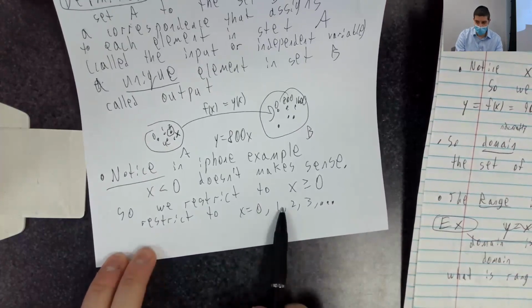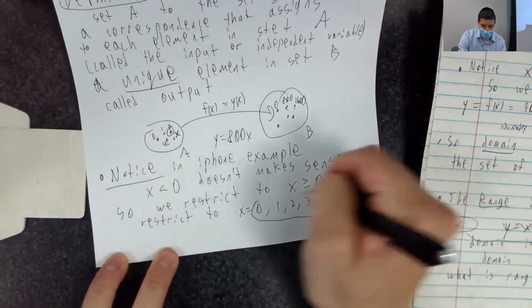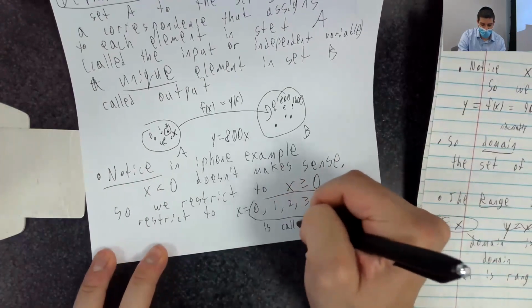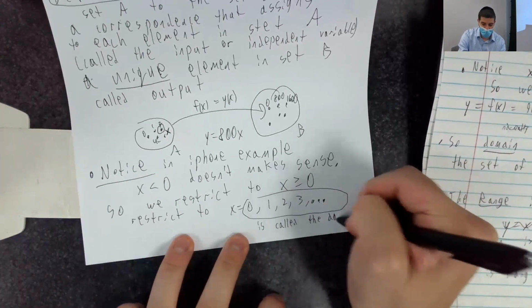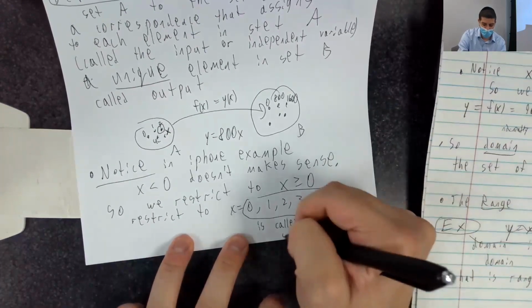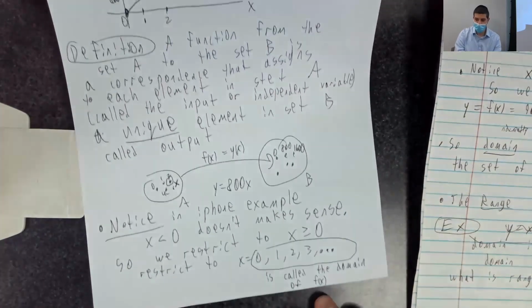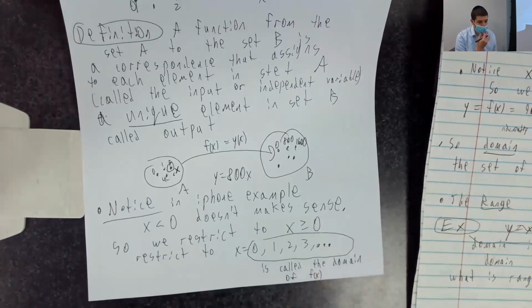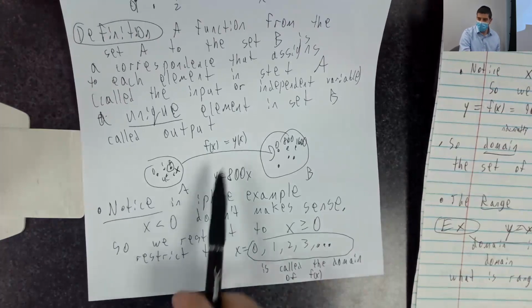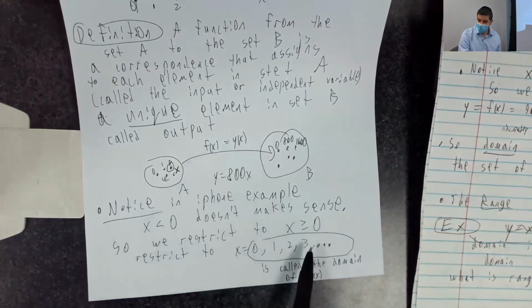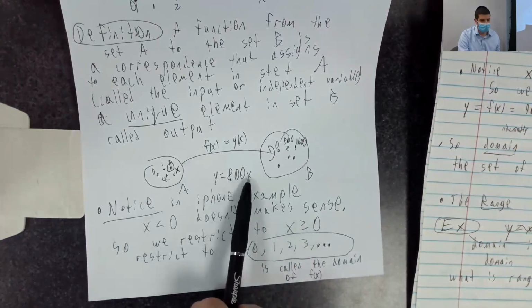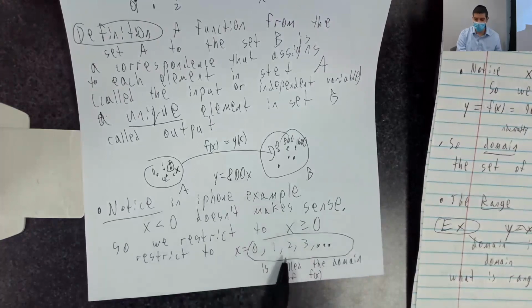But once we've assessed that, this set of numbers is called the domain of the function f of x. The domain is all the inputs that we're going to allow. In the iPhone example, I could plug in any number for x, but it doesn't make sense physically. So these are all our inputs. That's what a domain is.